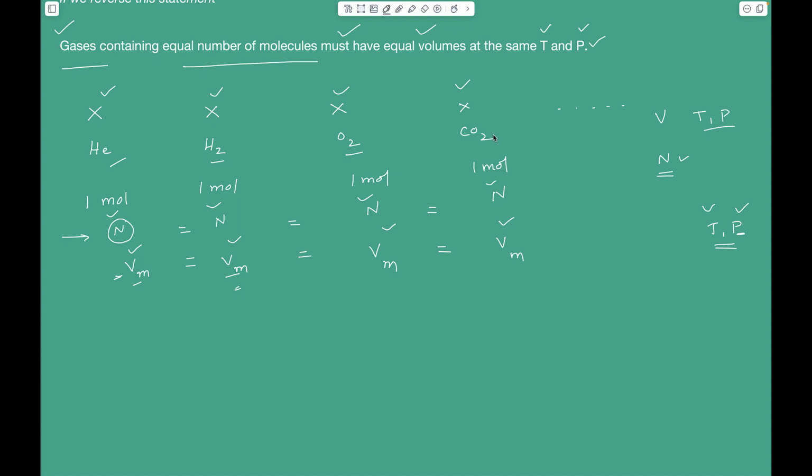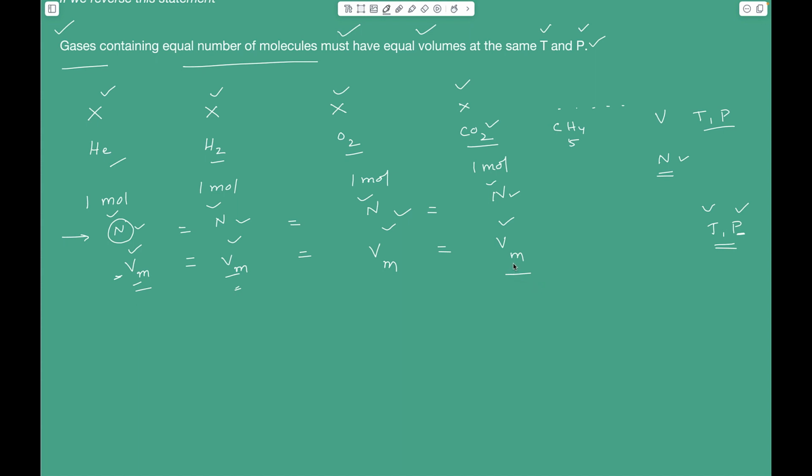These two are diatomic, and in a carbon dioxide molecule there are 3 atoms, and if you take a methane molecule there are 5 atoms in each molecule. Yet they would all have the same volume if they all contain the same number of molecules. A helium atom is much lighter than a carbon dioxide molecule. Doesn't matter. If you have equal number of them, then they would have the same volume.